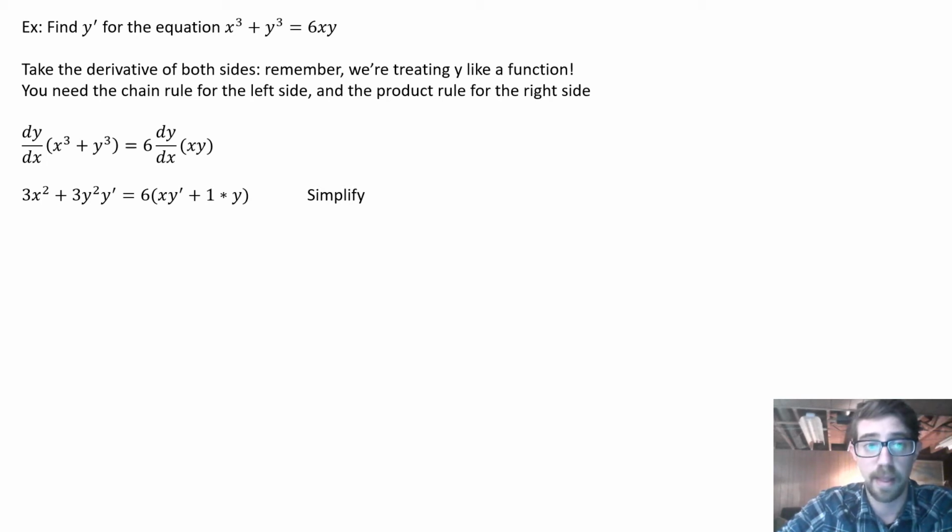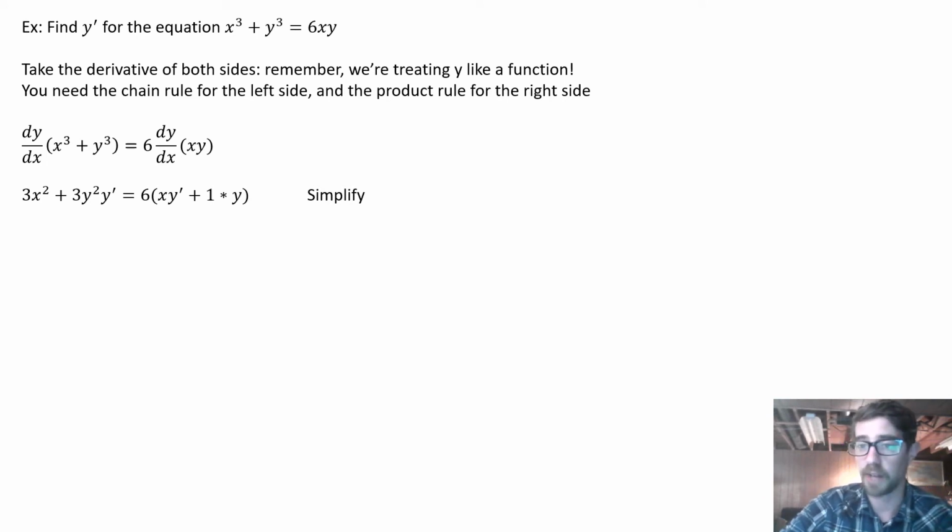And then the right-hand side is the product rule. So the first times the derivative of the second. Now, if it's just y, the derivative of y is just y prime. You don't need the chain rule for that. So if you're just looking for the derivative of y, that's what y prime is. And then plus the derivative of the first function, well, the derivative of x is just 1 times the second.